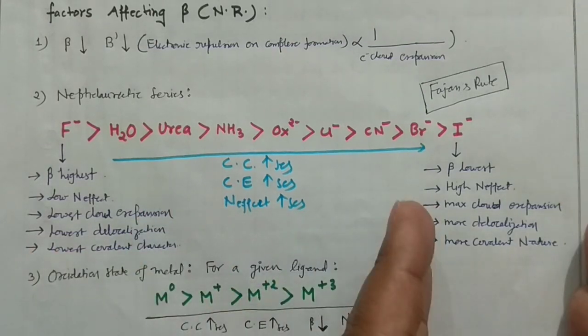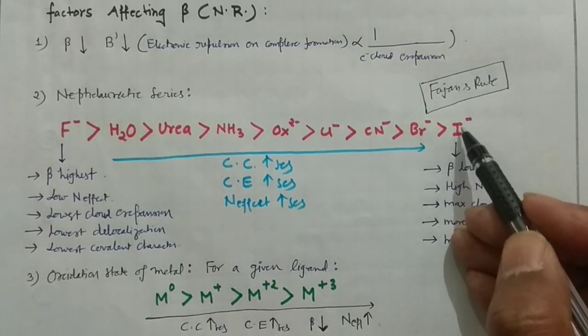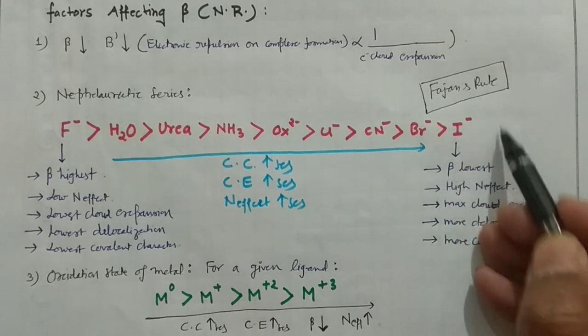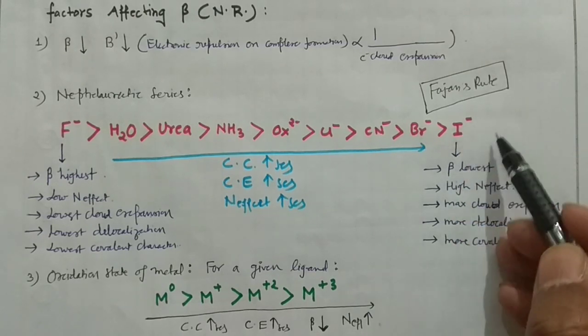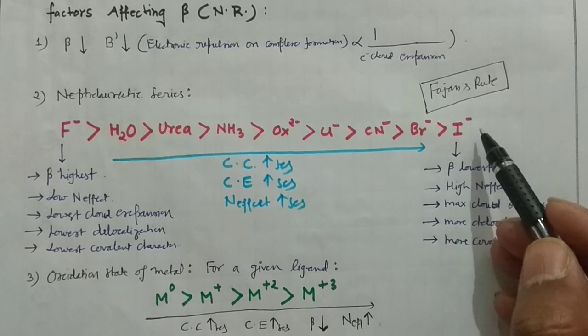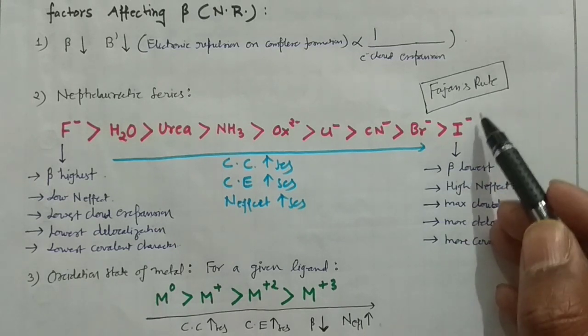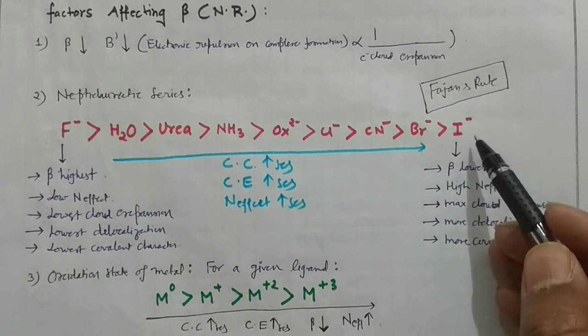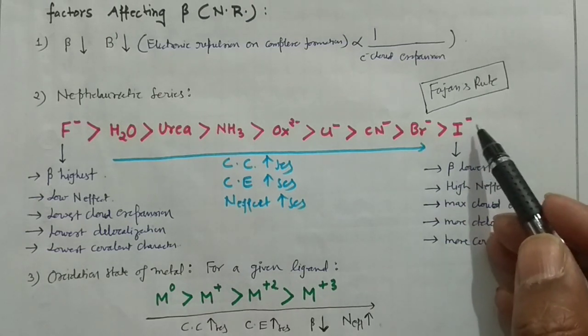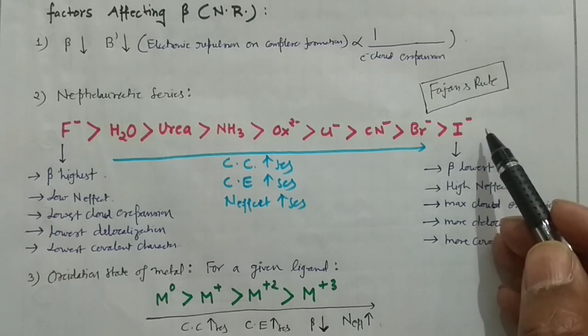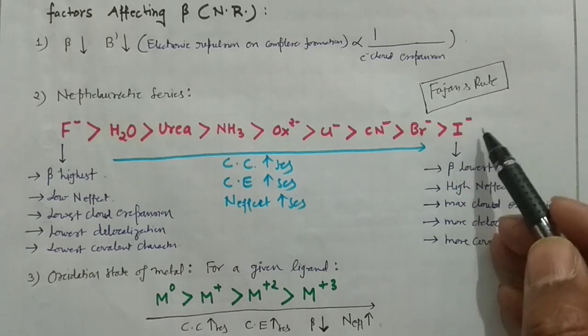Now if you focus here, this iodide, you can see it is very big in size. When bigger in size, that means the electron cloud is readily available and it can be very easily polarized according to Fajan's rule. When it is very easily polarized, it will form a covalent bond. When it forms the covalent bond, the delocalization would be very high. Electron cloud expansion would occur.